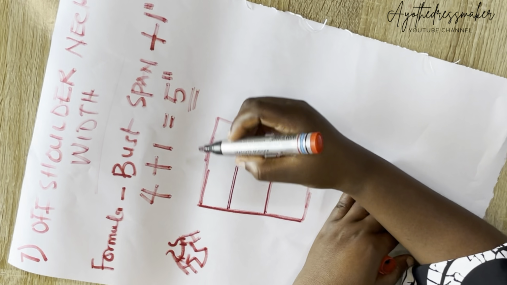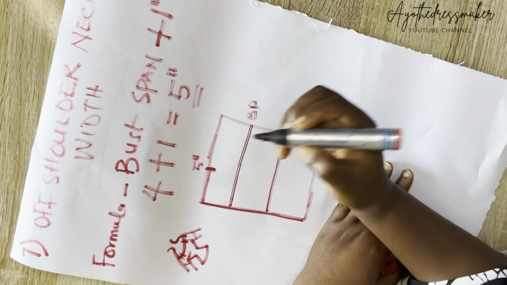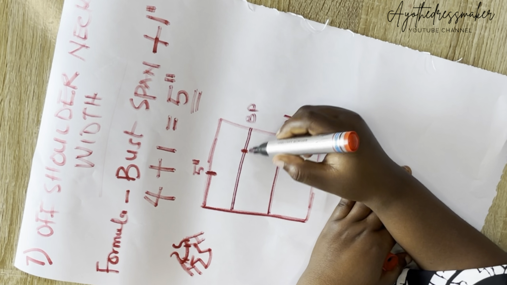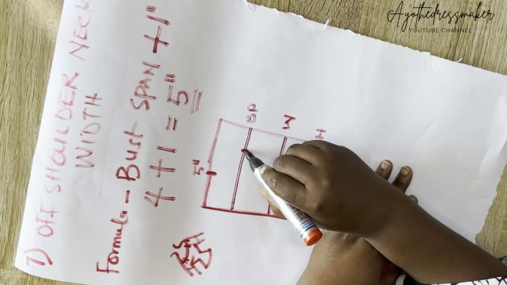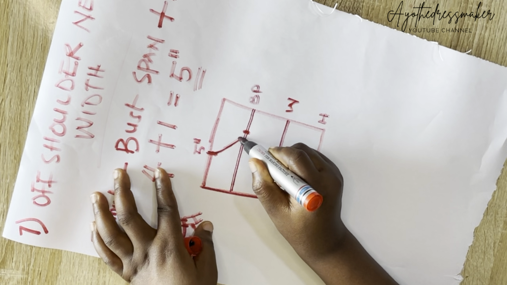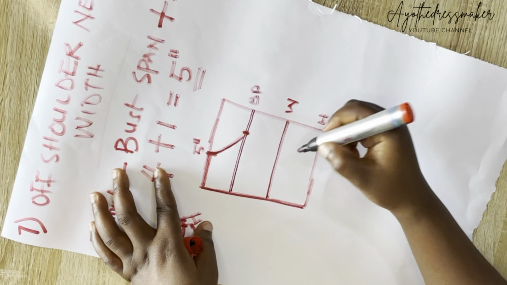And right here, we are going to come inward by 5 inches, which is for the neckline. And right here on the bust point, we are going to put our bust circumference divided by 4. We are just going to go ahead and link the off shoulder neckline to the bust point, and that is going to create our armhole.